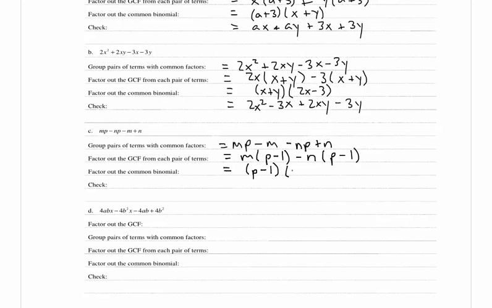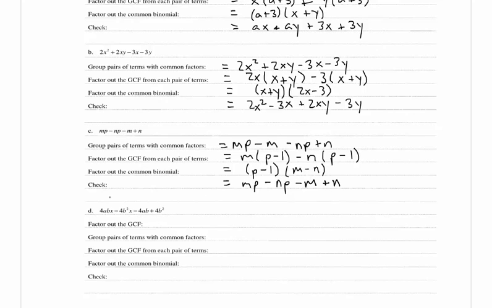And when I factor p minus 1 out, I'm left with m minus n. And now they want us to check. So we're going to multiply the two binomials together. I have p times m, mp, minus np, minus m, plus n, and we got back to our original polynomial.